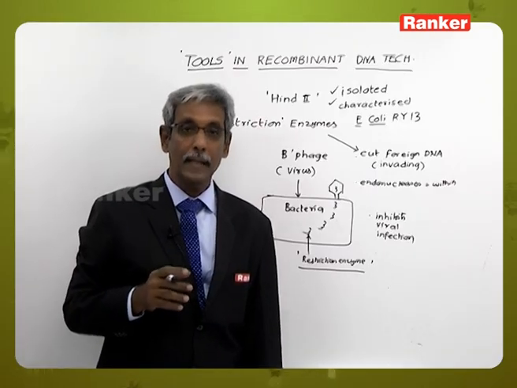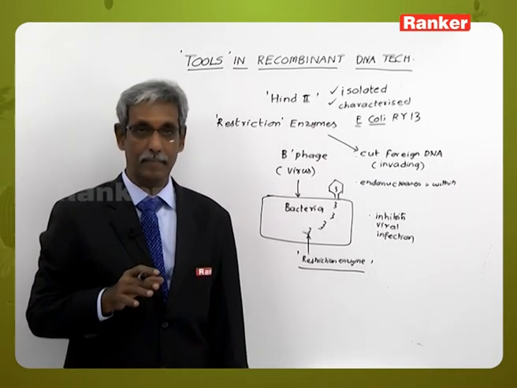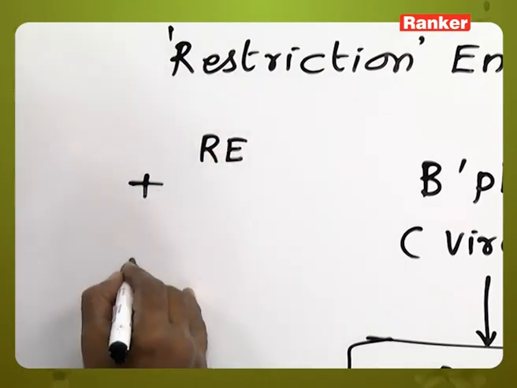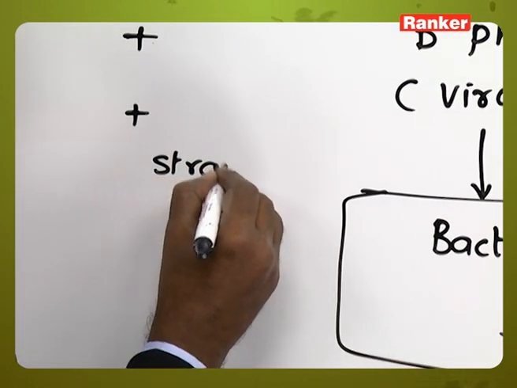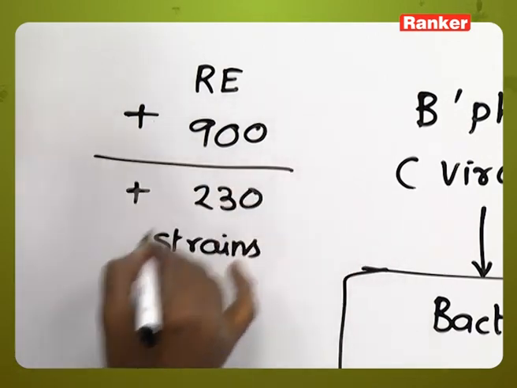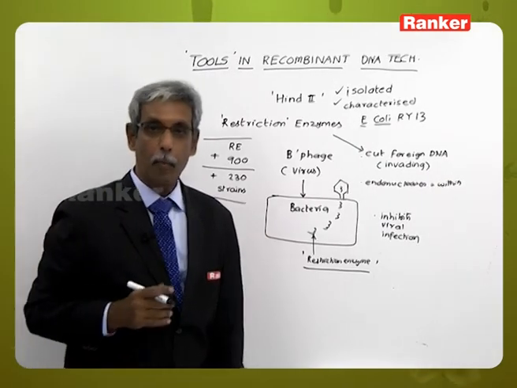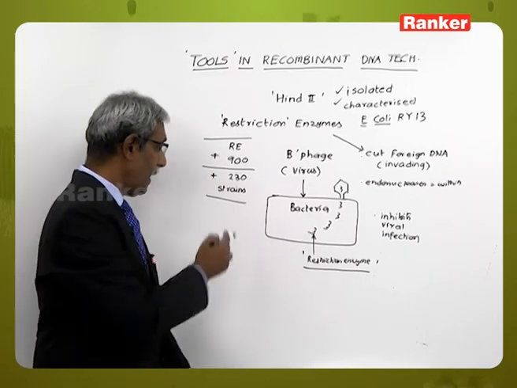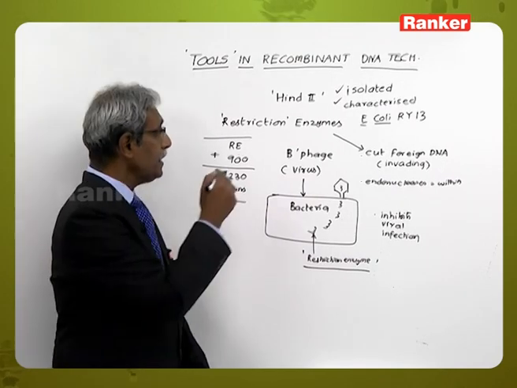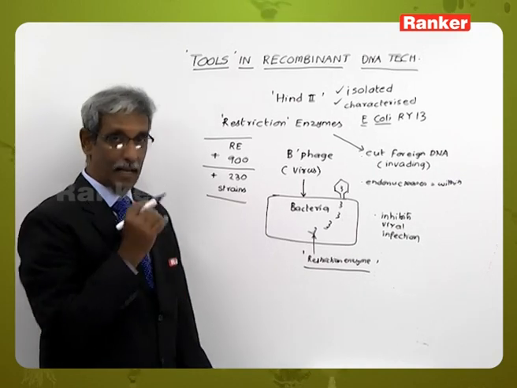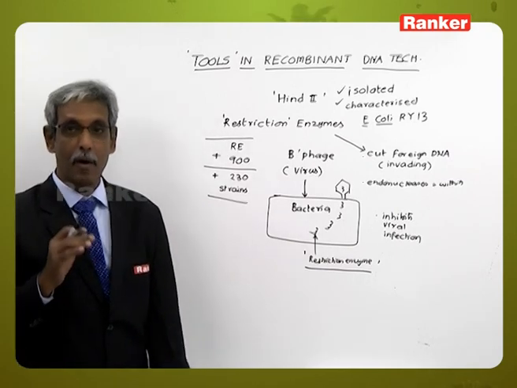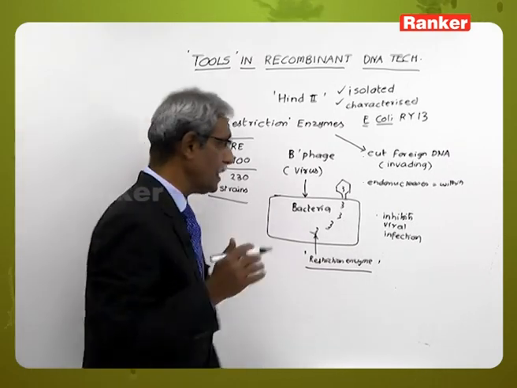To date, more than 900 restriction enzymes have been isolated from over 230 strains of bacteria. So, we have a wide array of restriction enzymes. HindII cuts the viral DNA by recognizing a specific sequence which is termed the restriction sequence.